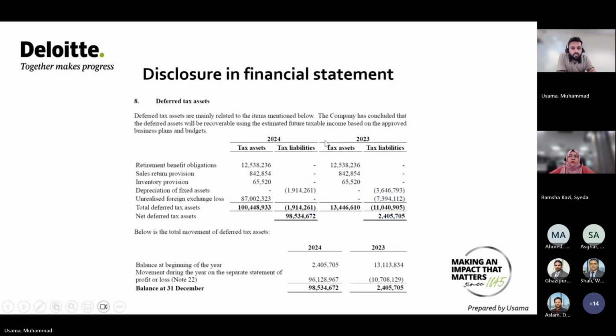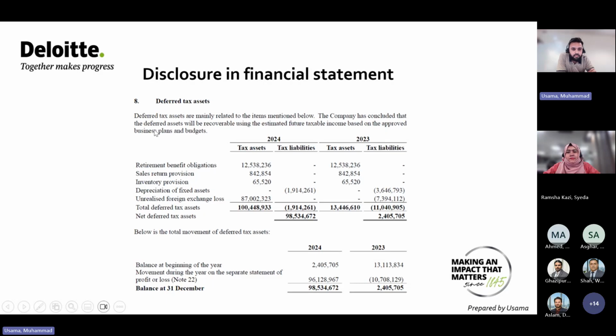So how will it be presented in our financial statements? It looks like this, and we disclose it like this. We net our deferred tax asset and deferred tax liabilities as per the balance sheet approach.